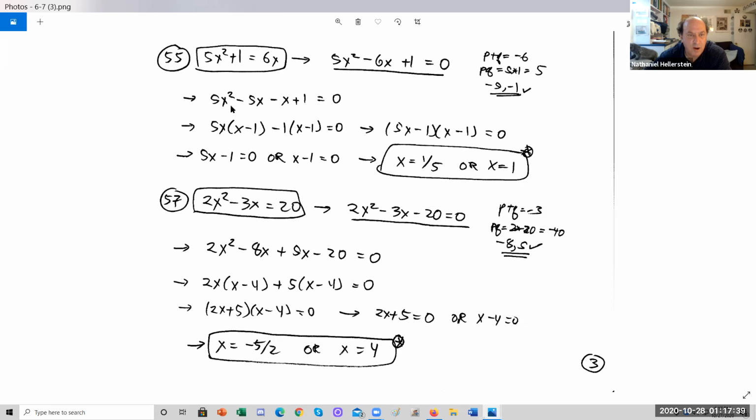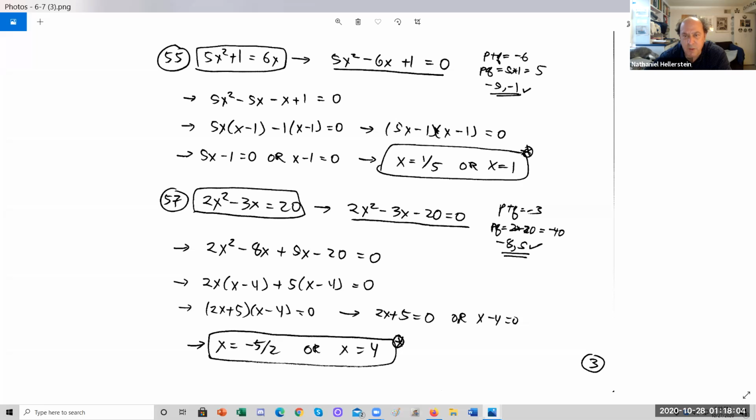Now we factor by grouping. These two terms, 5x squared minus 5x, have a common factor of 5x, and if you divide it out, you get x minus 1. This is a minus x plus 1, which is the opposite of x minus 1, so we pull out a negative 1. Now I have x minus 1 in common, pull it out, times 5x minus 1.